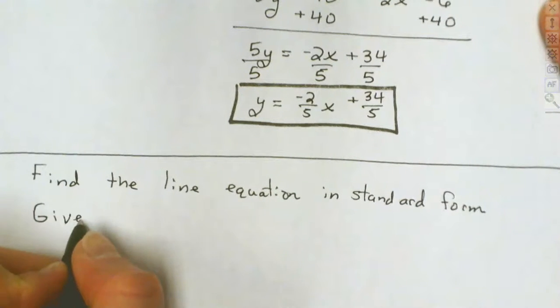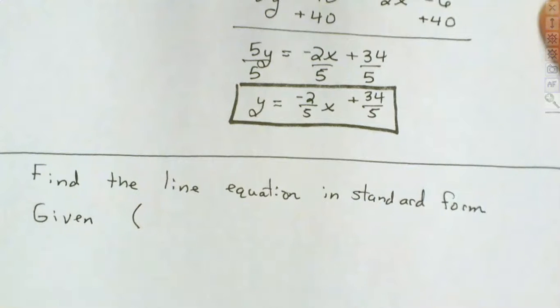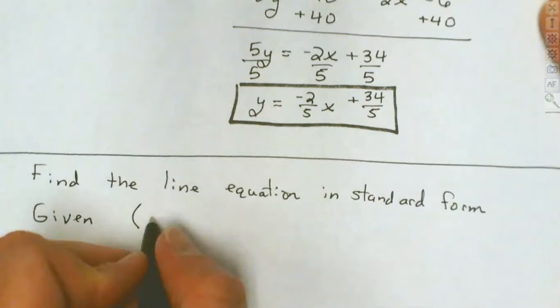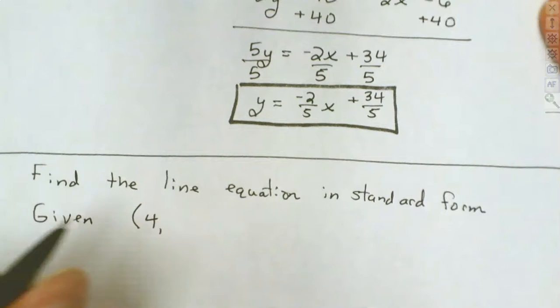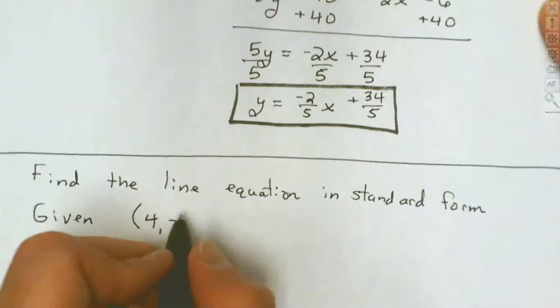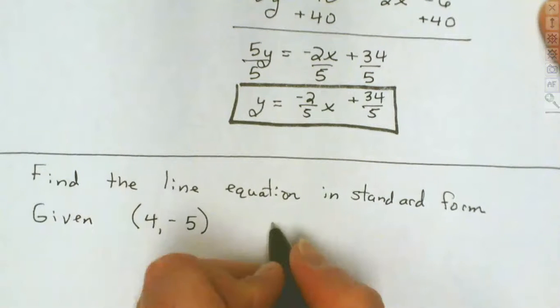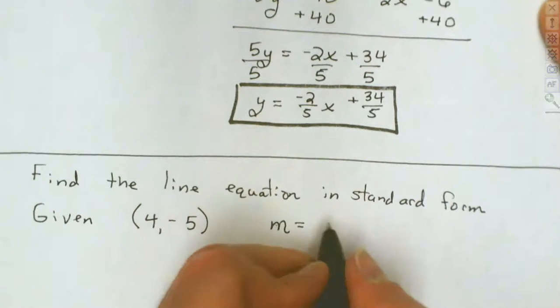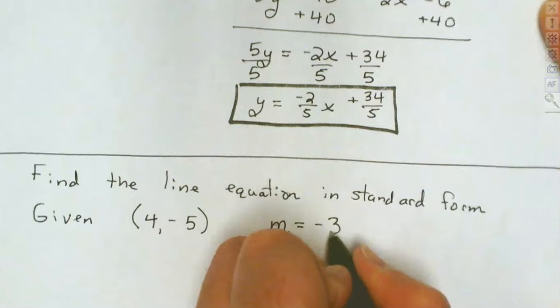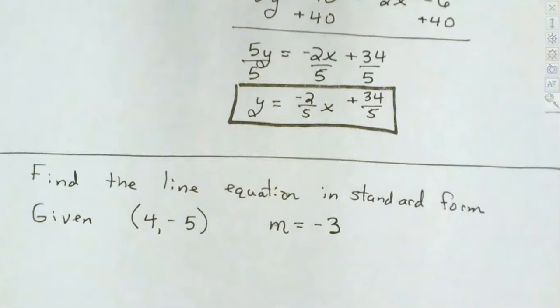And you're going to be given a point and a slope. So let's say for negative 5. And let's say we have a slope of minus 3. So we've got our point and a slope.